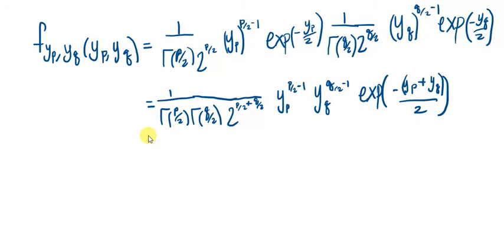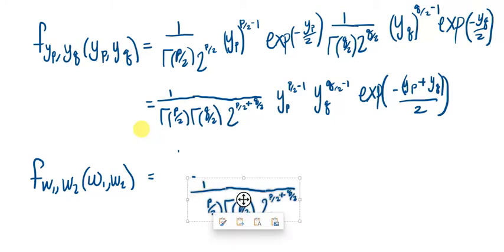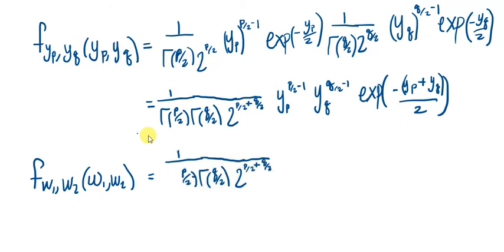This means that f of W1, W2 is equal to, I'm actually just going to copy this component up here so I don't have to keep rewriting it. And put that gamma back, that gamma sign right there.